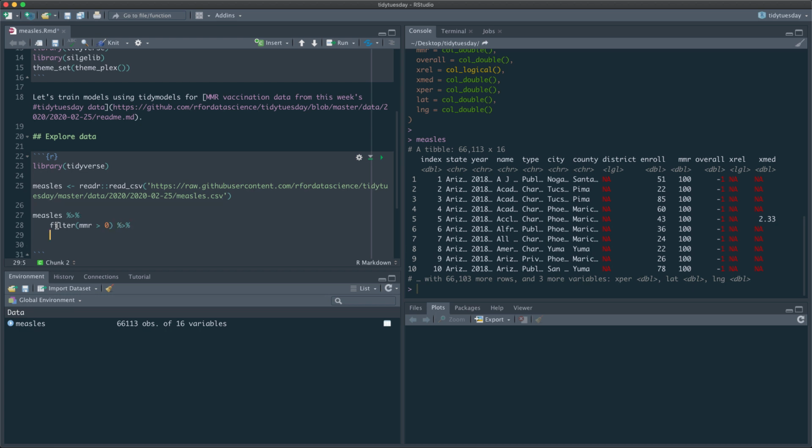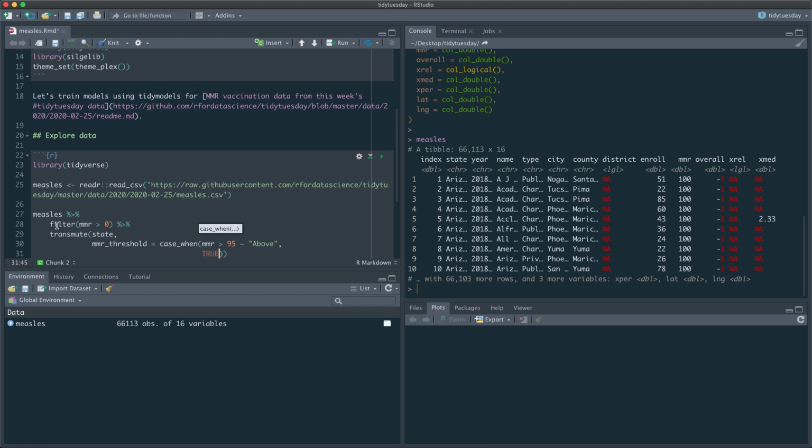And then we're going to transmute and only keep state, that state level data, and then we're going to create a variable called MMR threshold, and we're going to use dplyr's case_when, and say when MMR is greater than 95, we're going to call that above, and all the rest of the time, we're going to say that it is below.